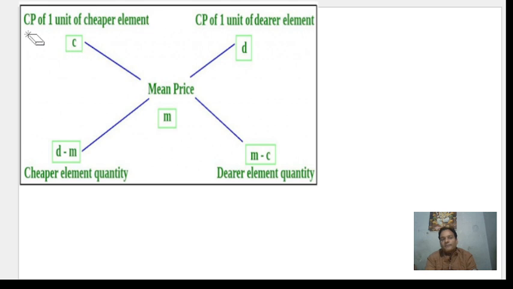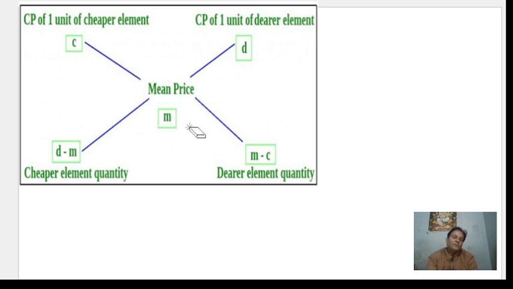You can see here the CP of one unit of the cheaper element. CP stands for cost price of the cheaper element. And here the CP again stands for the cost price of the dearer element. These are the two types of elements which we are given, one a cheaper price and another dearer.